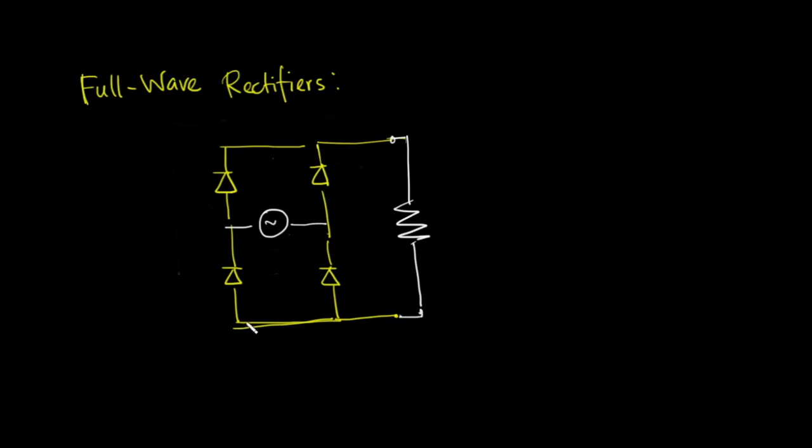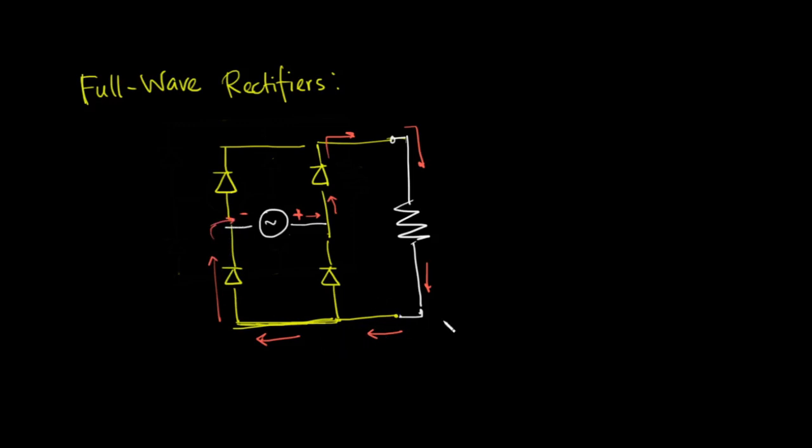Okay, so if this circuit is made of real diodes, what happens at a particular cycle? What happens in the positive cycle? Well, in what direction does the current flow in the positive cycle? If this terminal is more positive than this terminal, then the current comes out through here, goes through the diodes and the load, and back.